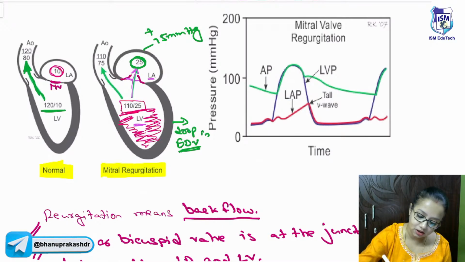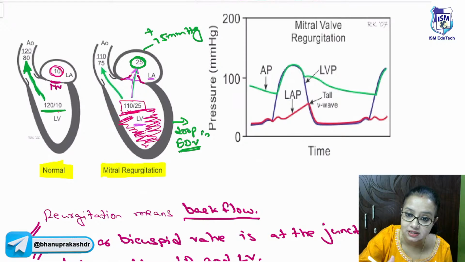So instead of 120 by 10, where the 10 is the pressure in the left atrium, here you see the pressure in the ventricle is 110 and the pressure in the left atrium is 25. So actually the left atrium pressure has increased and the pressure in the left ventricle has decreased. So overall, how do we remember?